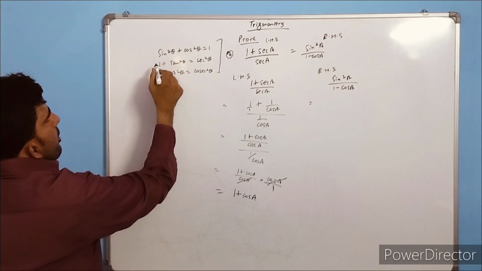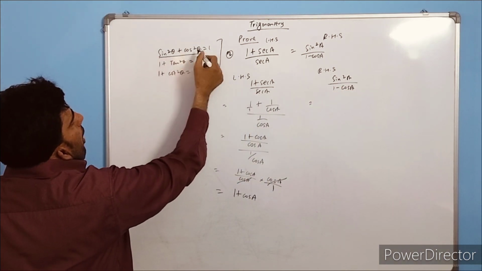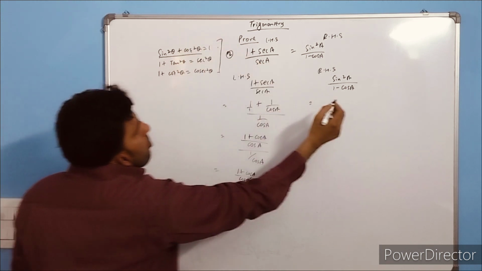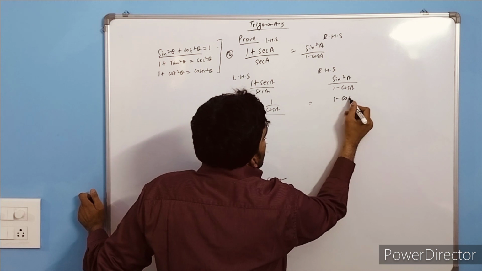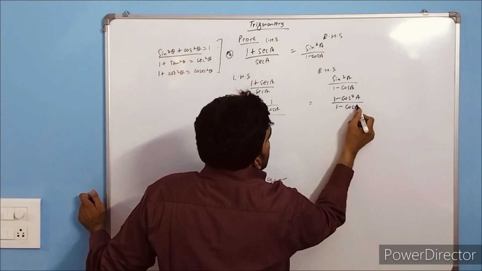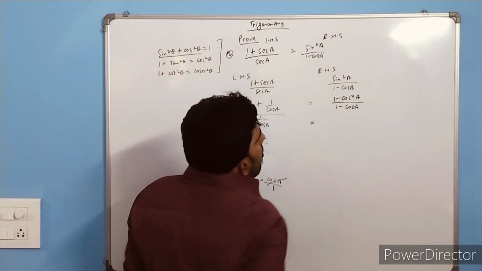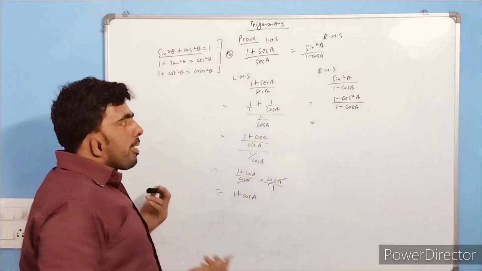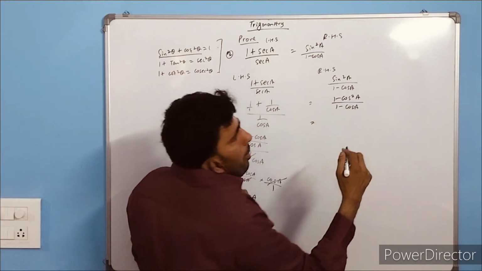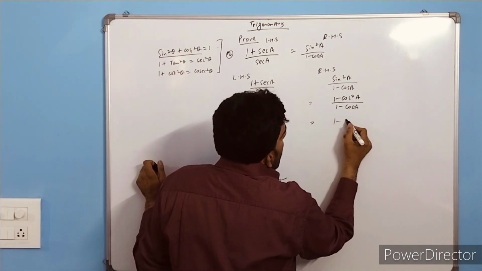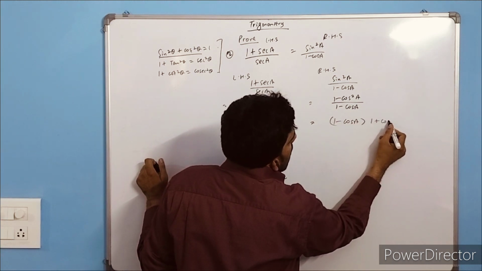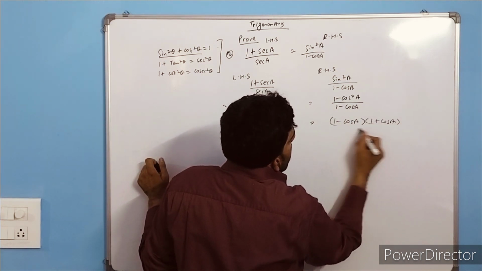If I see this from the identity, I take cos square A to that side, so it will be 1 minus cos square A. So (1 minus cos square A) upon (1 minus cos A). Okay, so now 1 minus cos square A, how can I write it? That is A square minus B square. So I can write (1 minus cos A) into (1 plus cos A). Okay, so that is what it is.